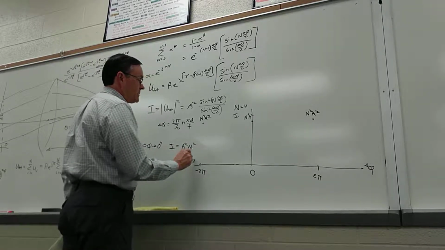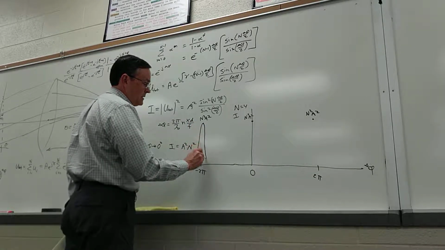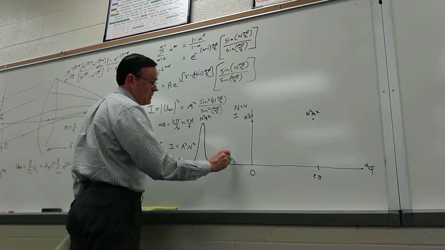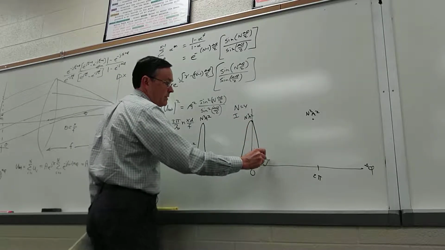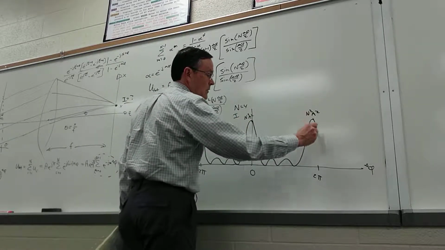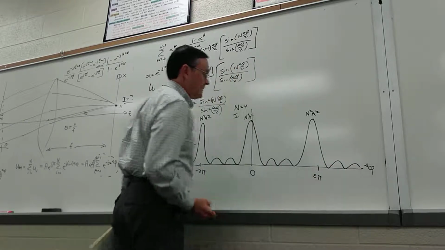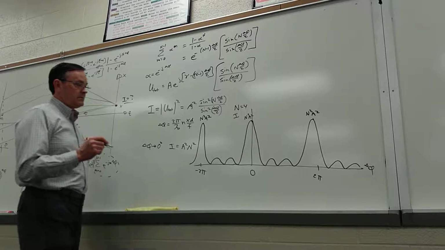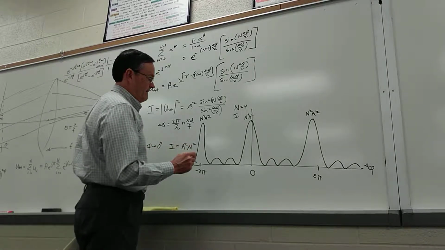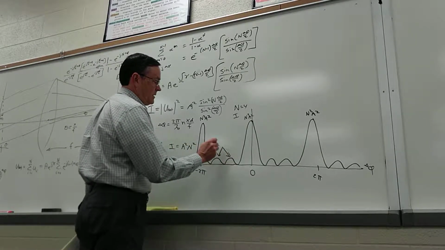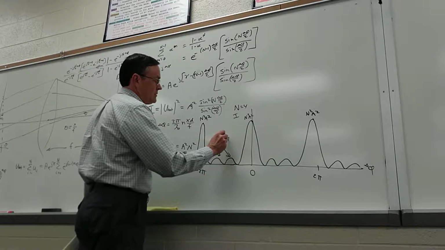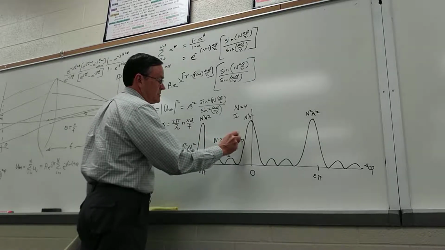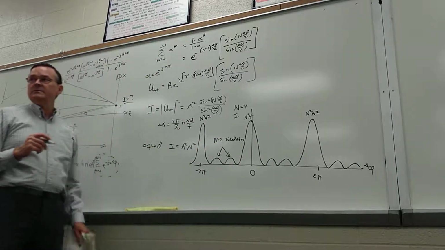And then what it looks like in between is something like this for n equals 4. So basically, there are n minus 2 side lobes between the main lobes.